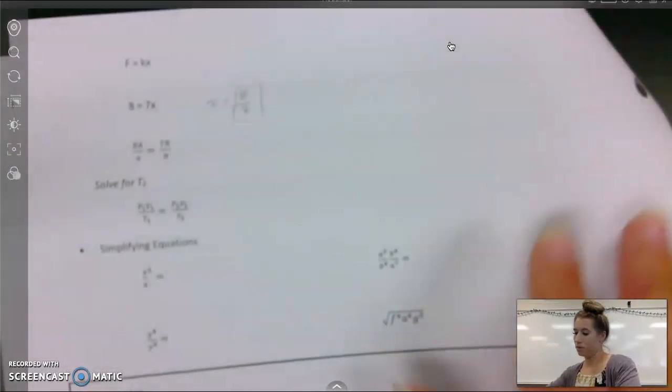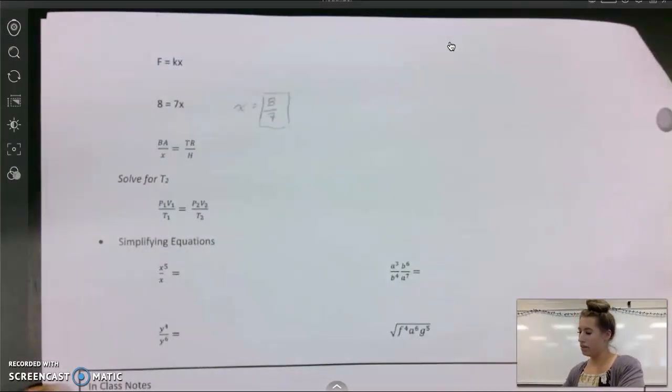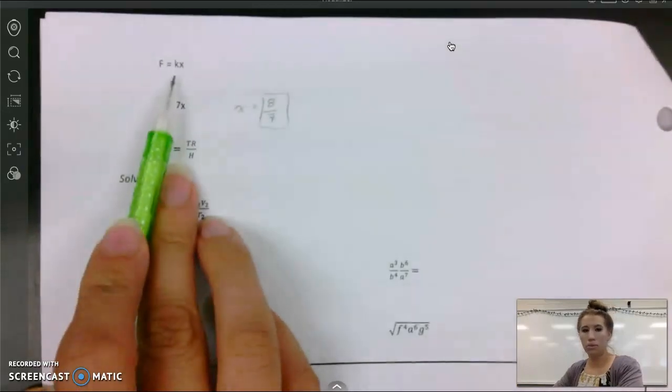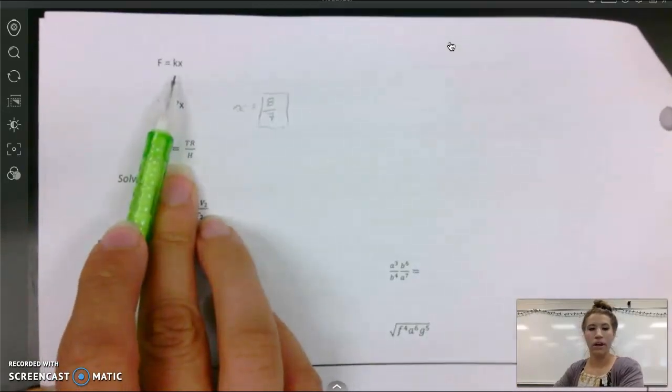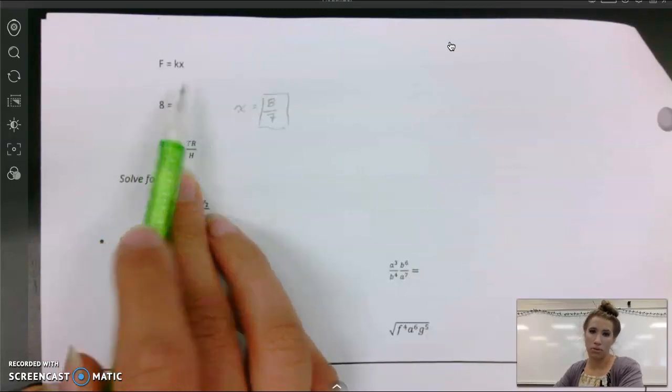Now the next thing that we covered was multiplication and division. So if we have a value that is multiplied, then we can divide by that same value in order to cancel, but it needs to be done to both sides of the equation.